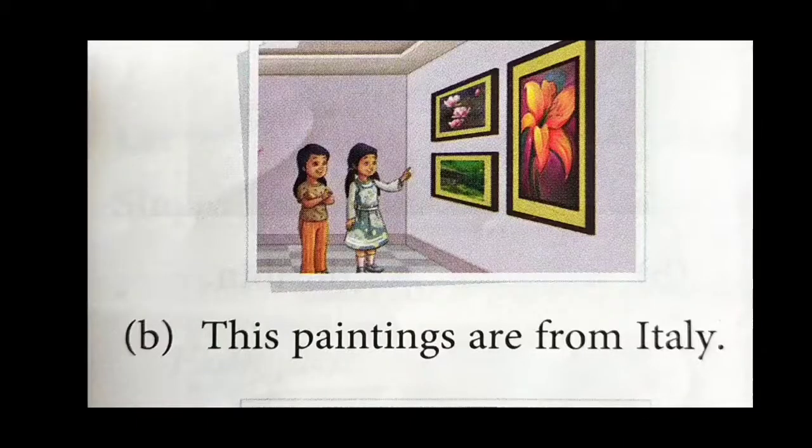The second sentence is: these paintings are from Italy. In this sentence, the word paintings is a plural form. Here the word used is this. But the word these has to be used with plural form. So the correct answer is, these paintings are from Italy.